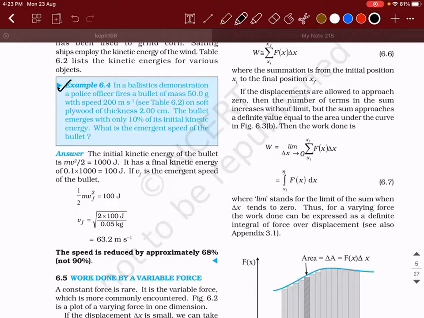So how to do, guys? This is actually a slightly tricky problem. I'll explain it.